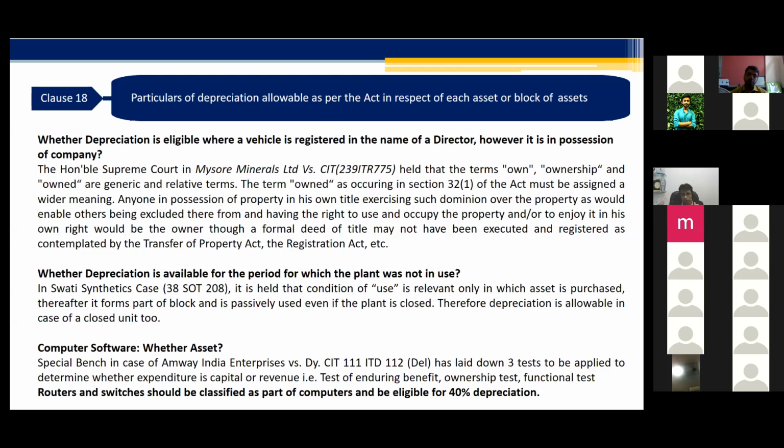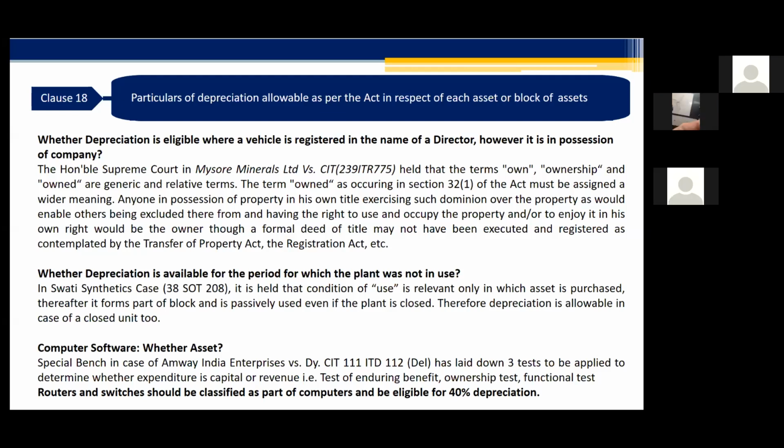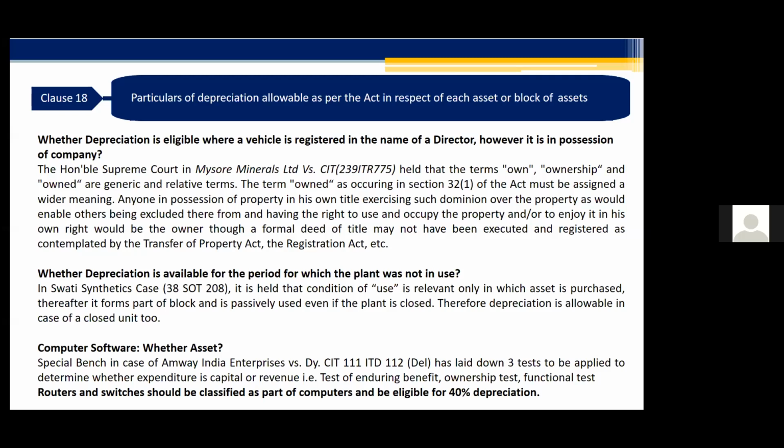The auditor has to take a view at every point of time, and the test should be whether it is providing enduring benefit, the ownership test, and the functional test. I remember a Delhi High Court view that even if I'm buying SAP, it does not give me any increase in my profitability. So once it does not give an increase in profitability, it's a revenue expenditure, and it was allowed as a revenue expenditure.